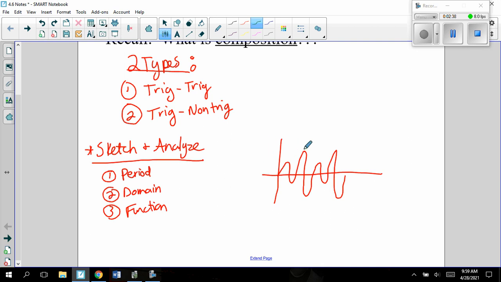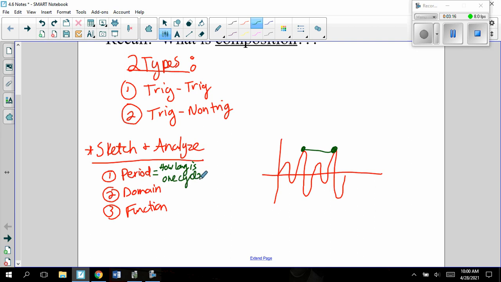And so some ways to find the period, yes, we can do some zeros, but that gets really tricky if things are shifted up or down, or if you've got multiple repetitions or hills and valleys in your one period. And so what I like to do is look for something that goes from a max to a max and say, okay, how far apart are these two things from each other? Okay, so period we can find, but what it's looking for in general is how long is one, and I'm going to say cycle.